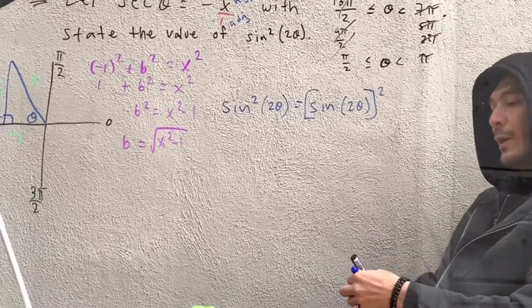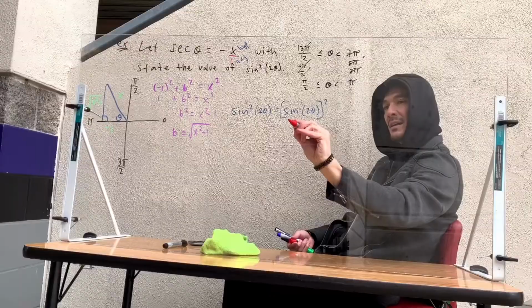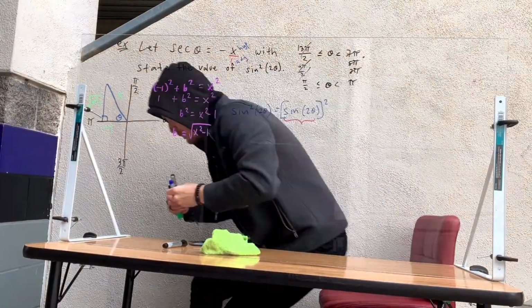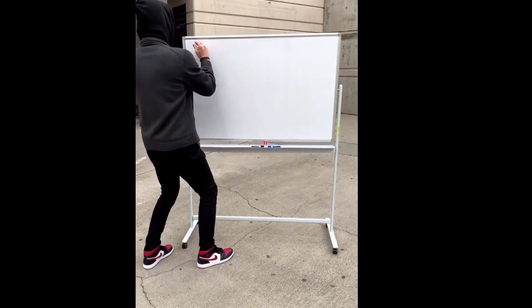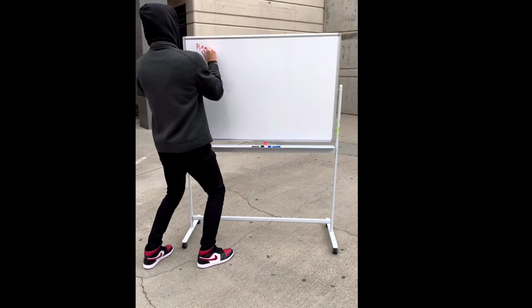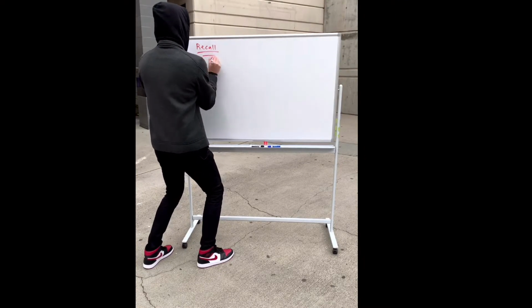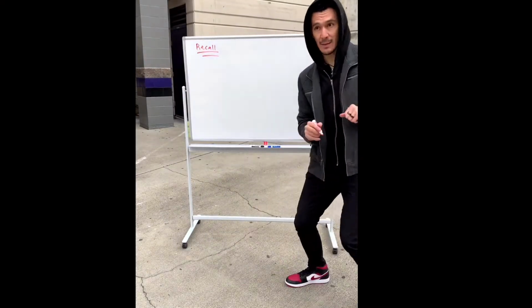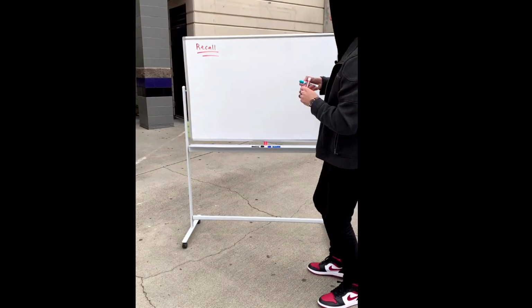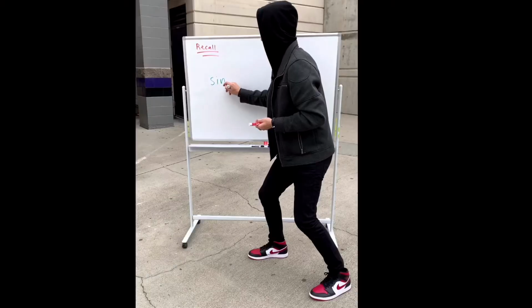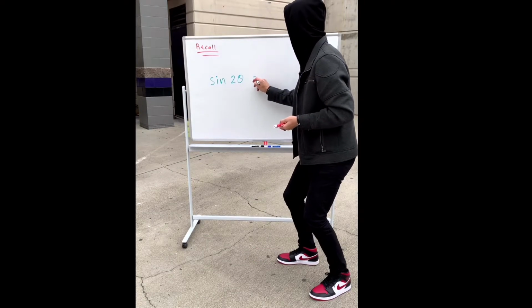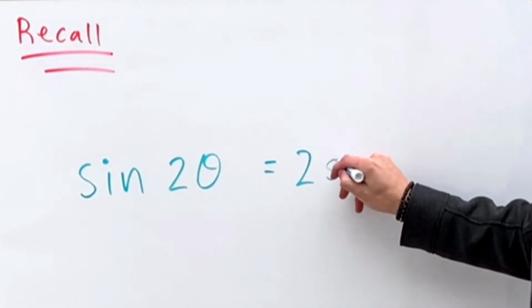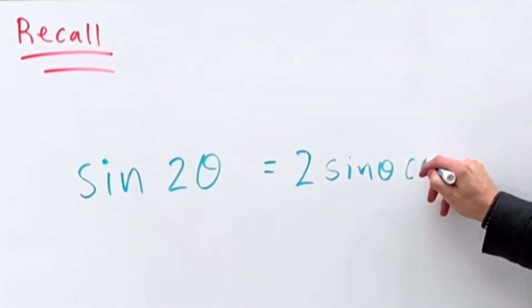So now let's take a quick time out. Let us revisit the value of this. Okay guys, so recall from last time that there is a specific trig identity that we can use for a problem like this. And that identity says something along the lines of sine of 2 theta is equal to 2 sine theta cosine theta.